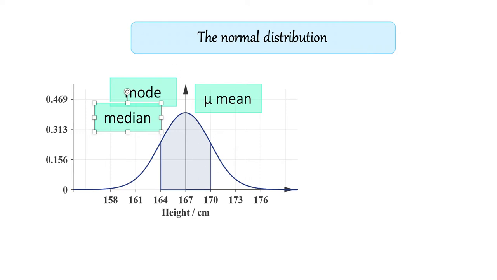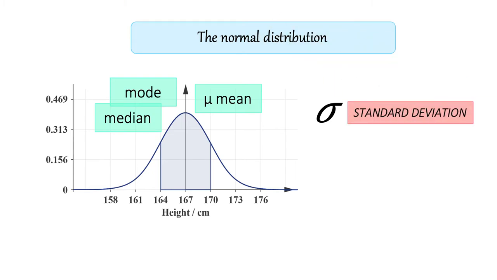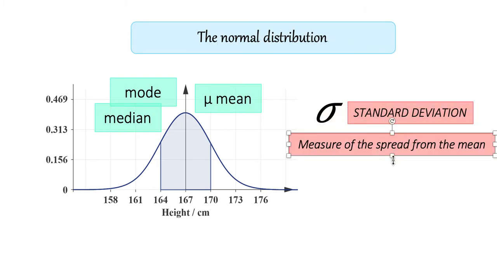So the next important concept is standard deviation. There's a definition for it right there, which is that it is the measure of spread from the mean. So for example, if you have a sample of people and their mean height here would be 1 meter 67, the standard deviation is basically saying how far apart everybody's height is from the mean, from the average.